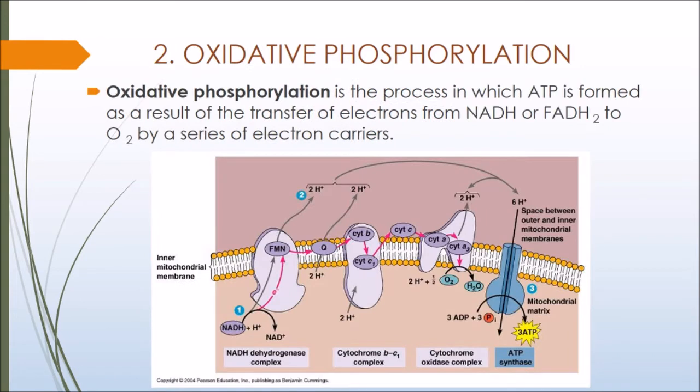The next one is oxidative phosphorylation. It's a process in which ATP is formed as a result of transfer of electrons from NADH and FADH to oxygen by a series of electron carriers. Here we can see the electron carriers, and we can see also NADH.